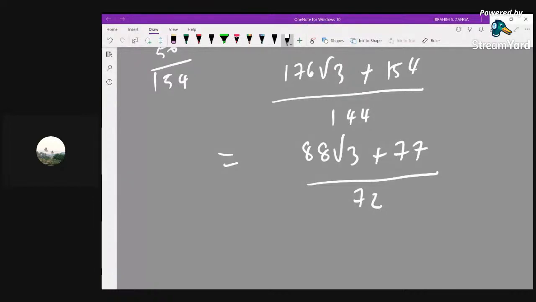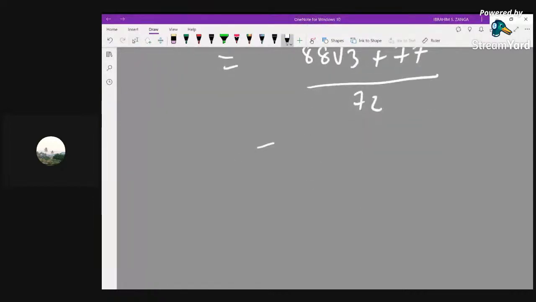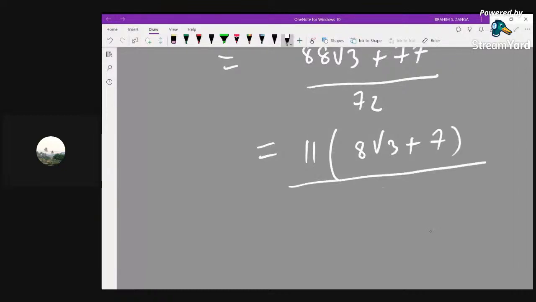You can simplify further, obviously. So you're going to say 11 in the bracket, 8 root 3 plus 7 over 72.